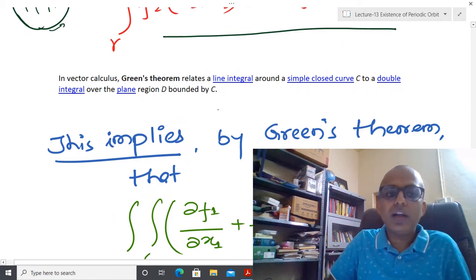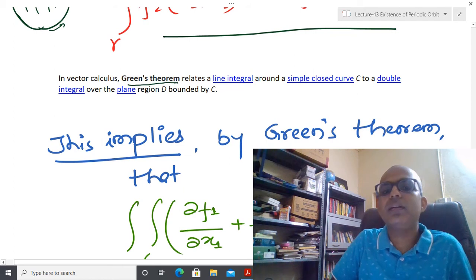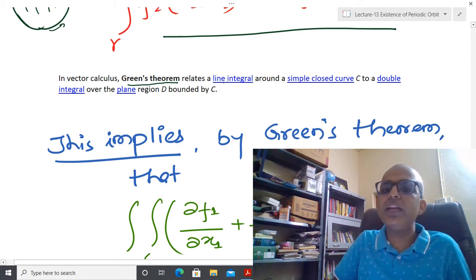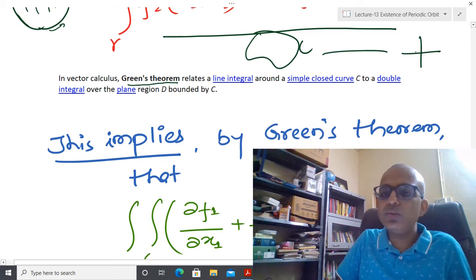If you recall vector calculus, one theorem you might have learned during your first year of engineering is called Green's theorem. What is the main idea of Green's theorem? It relates the line integral around a simple closed curve C to a double integral over the plane. So using a double integral on the plane, suppose in the double integral I have some region D.